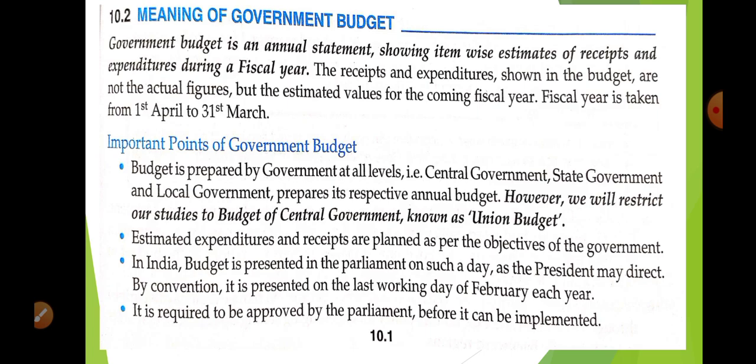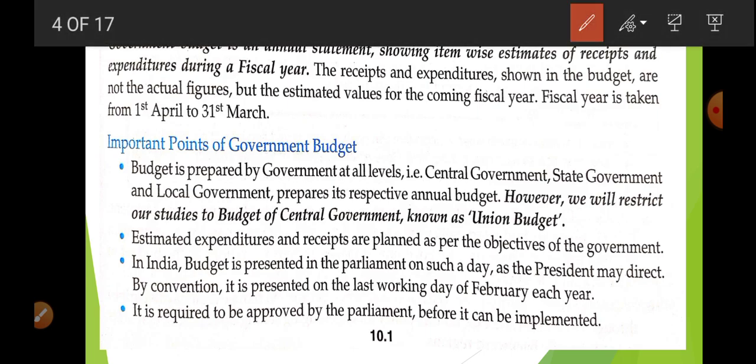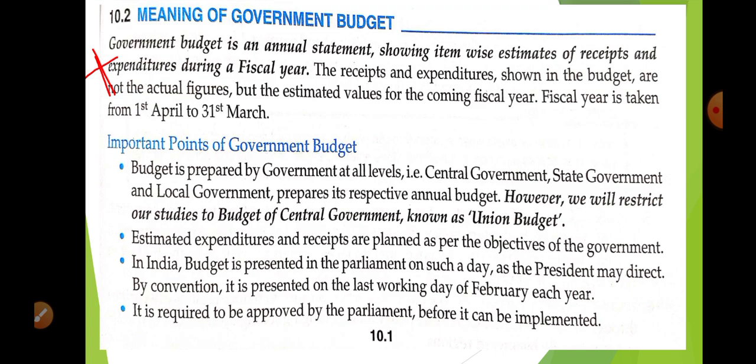Meaning of government budget. It is very important for 1 mark, so underline it. It is an annual statement showing an item-wise estimate of receipts and expenditure during a fiscal year. It is related to the receipts and expenditure of the government during a fiscal year.